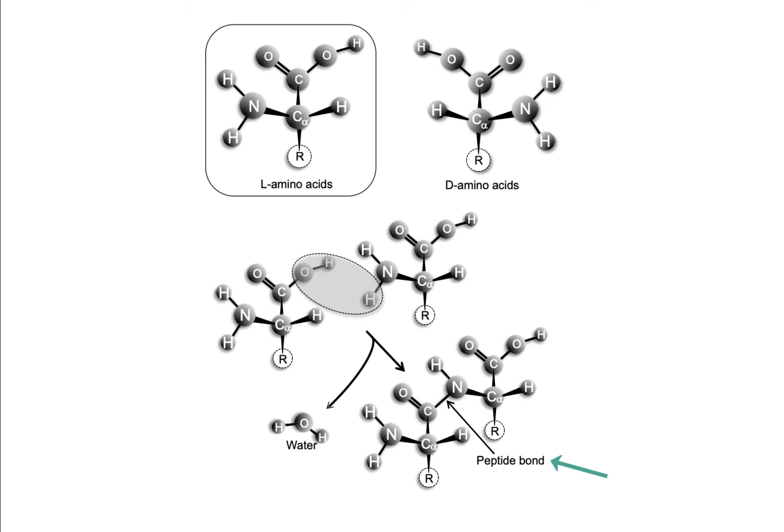In biological systems, only L amino acids are used. In a few cases, D amino acids are used, but by and large, they're all L amino acids. It could have gone either way, but for some reason during biological evolution, only the L amino acids were started with and continued. Each amino acid has what's called an alpha carbon, to which the R group is attached, and the R group differs depending on which amino acid.